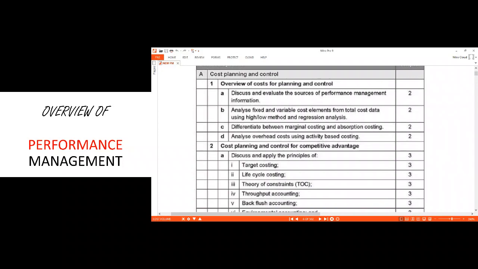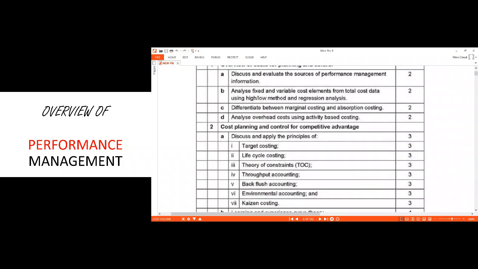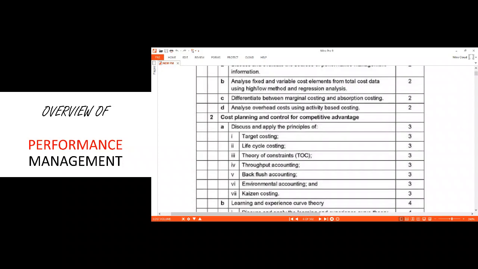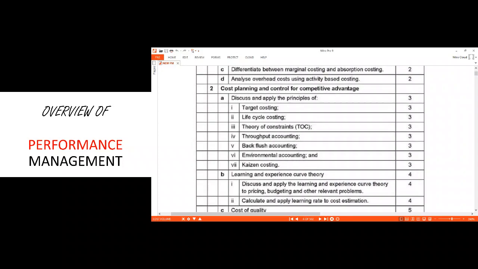We'll be talking about backflush costing, environmental accounting, Kaizen costing. Then we move on to the learning curve, learning and experience theory curve. We'll be discussing the application of the learning curve, budgeting and the relevant problems associated with it.